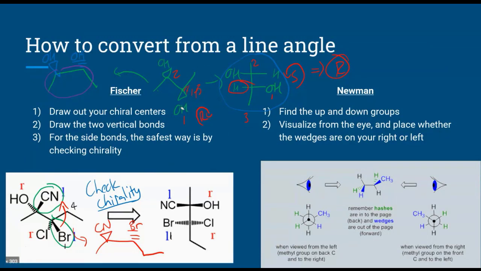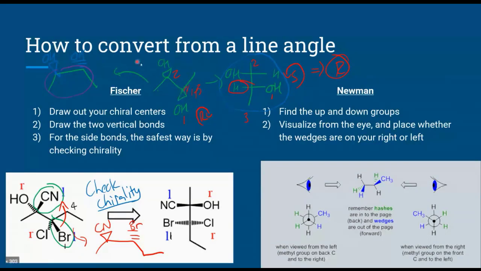That is not true for Fisher, but it's going to be true for a Newman. So for Newman, it's a lot easier with wedges and dashes, but for Fisher, that's not always going to be the case, right? Because we can see right here that we have two wedges, but they're not on the same side, right? Does that make sense?